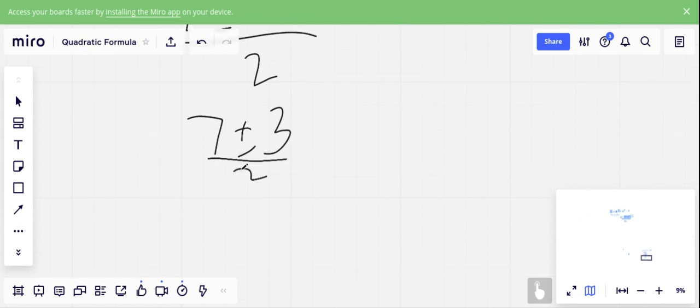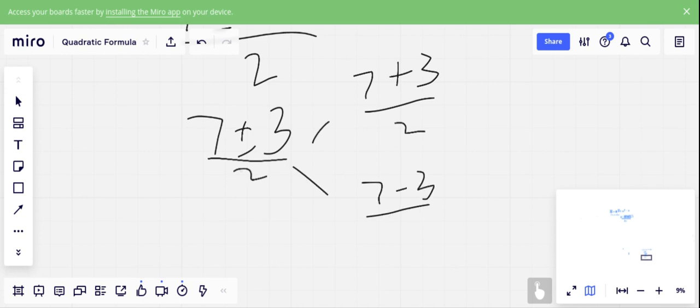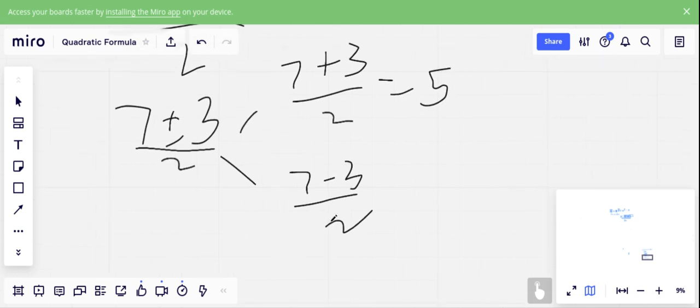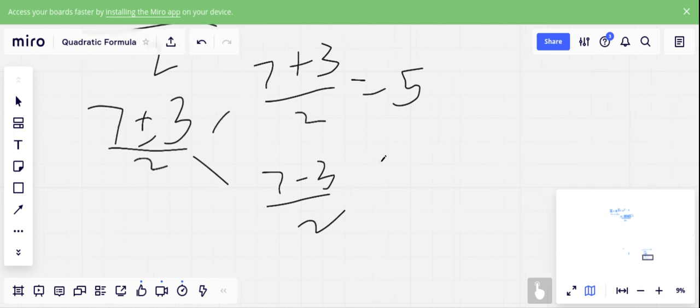And this we can split into two parts, which is 7 plus 3 over 2 and 7 minus 3 over 2. 7 plus 3 over 2 is equal to 5, because 7 plus 3 is 10, and 10 over 2 is 5. 7 minus 3 over 2 is 2, because 7 minus 3 is 4, and 4 over 2 is 2.